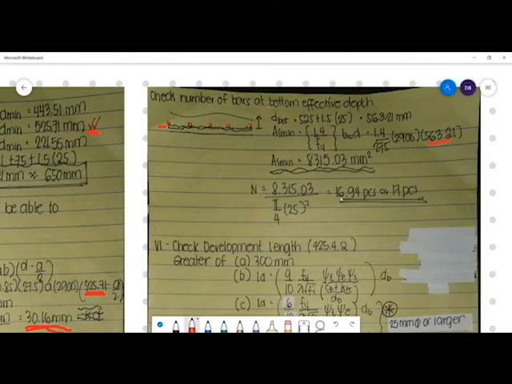Determine the number of bars, 10.94 equal to 17. So, mas malaki yung required number of bars natin sa baba compared sa taas.